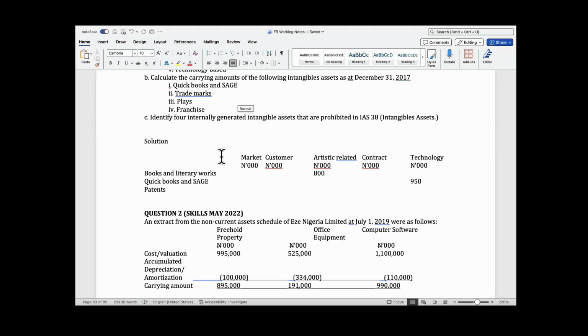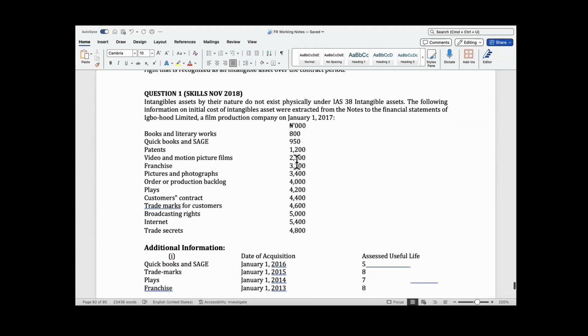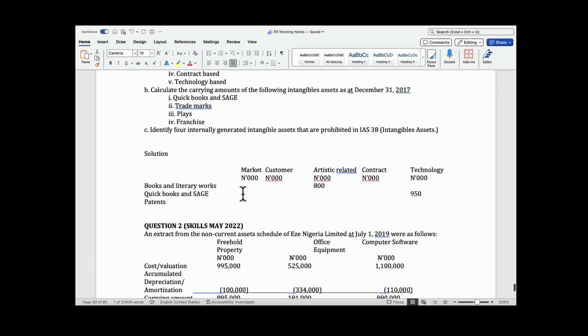Market, yeah. Do you all agree? It's not technology, but do you think technology too? Technology or artistic? Patent, that's just the challenge. So let's just put it here.